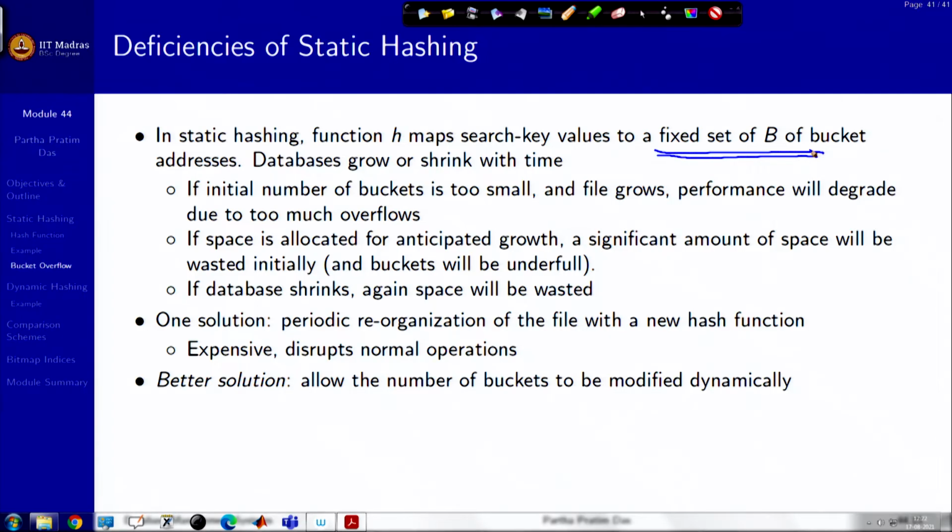So, what would be preferable is if we could change the number of buckets dynamically. Now, the number of buckets, just to recall, is the range of the hash function. So, if I change this n, naturally I will have to change the hash function and rehash everything. For example, in the last ID case we were adding the digits and doing modulo 8.